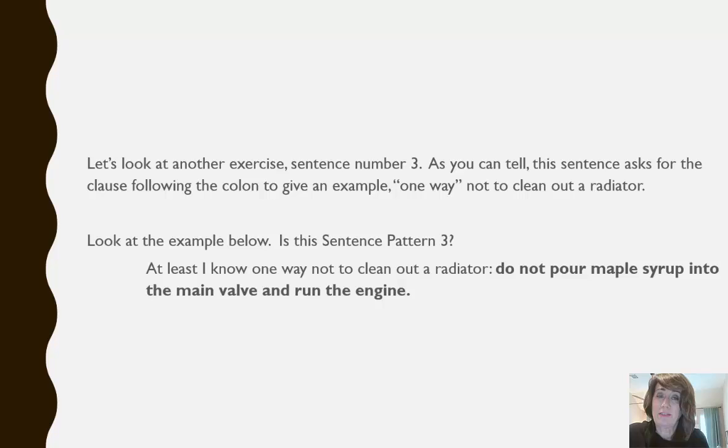Now let's look at another exercise, sentence number 3. As you can tell, this sentence asks for the clause following the colon to give an example. One way not to clean out a radiator. Look at the example below. Is this sentence pattern 3?